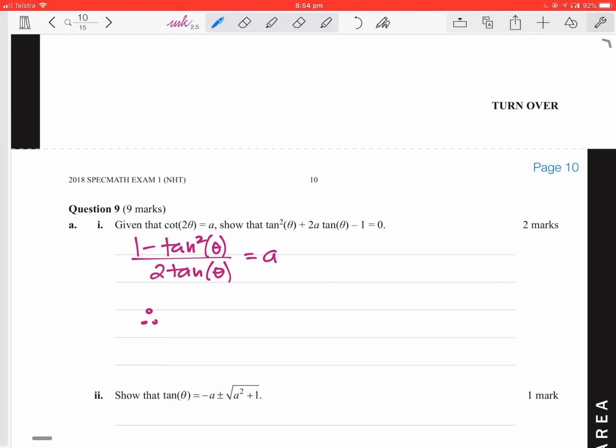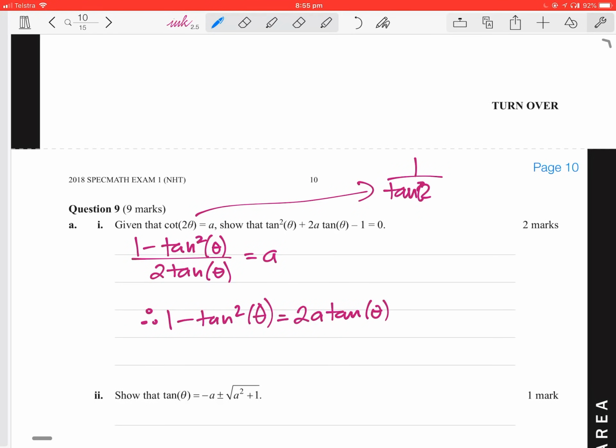Therefore, 1 minus tan squared theta is equal to 2a tan theta. Cot 2 theta, that's 1 on tan 2 theta, which is 1 minus tan squared theta over 2 tan theta, just in case they say we don't do enough working.